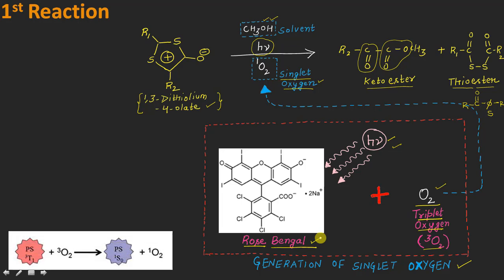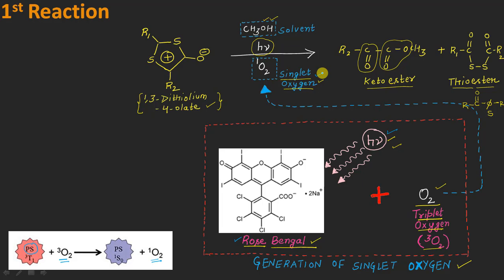We can also depict this whole picture in this way, in which you can see this PS is the photosensitizer. It is reacting with the triplet oxygen and converting it into a singlet type of oxygen, right? So we can say that this rose Bengal, which is a photosensitizer, is consuming the irradiation energy to convert the triplet oxygen, which is a ground state oxygen, into a more reactive form of oxygen that is known as singlet oxygen, right?